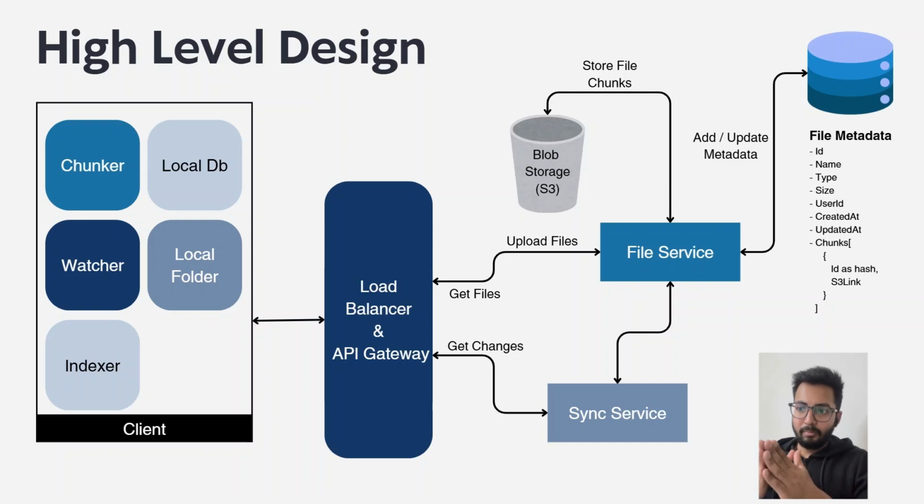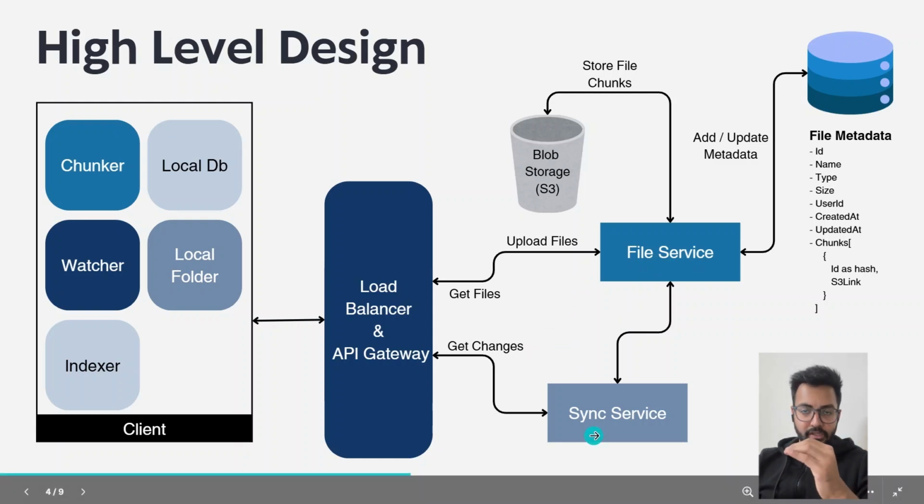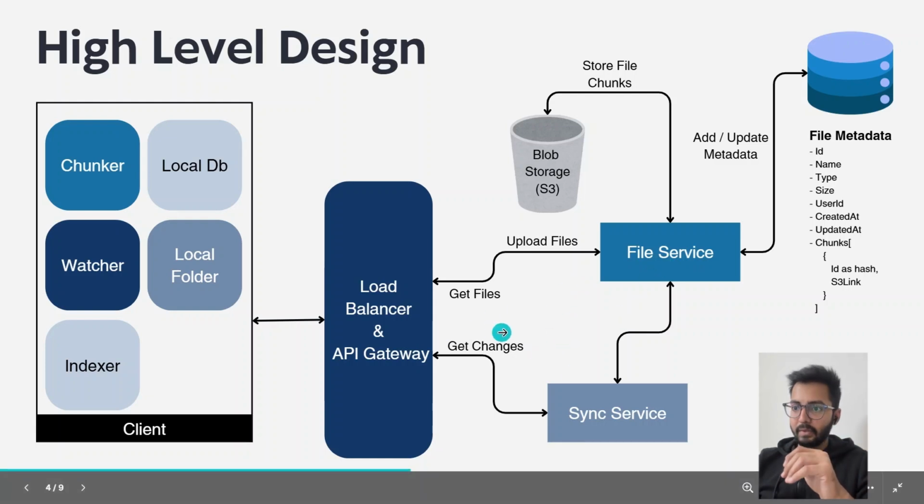The load balancer manages the load from different clients and decides which instance of the service, like a single service, let's say the file service, can have multiple instances on multiple servers. So which server would receive this particular request is decided by the load balancer, and which service this request should be passed to, either the file service or the sync service, is decided by the API gateway.